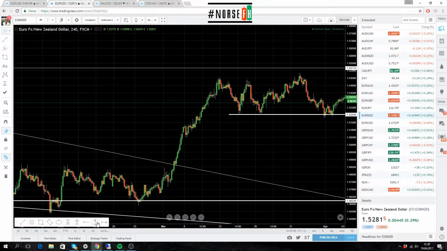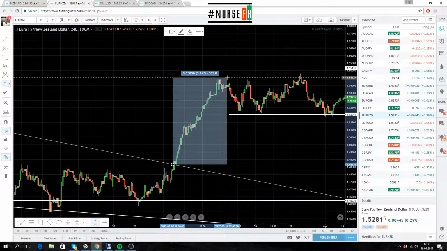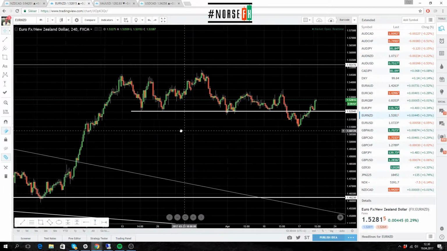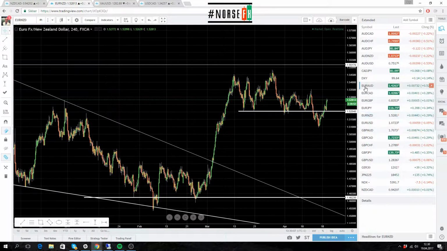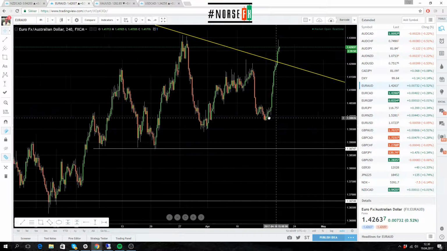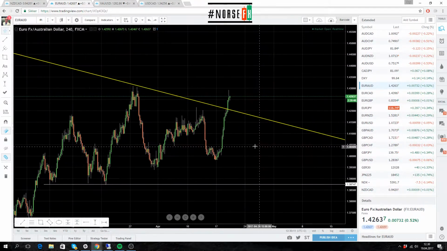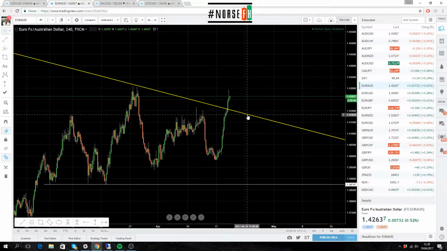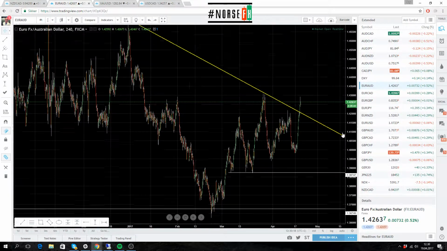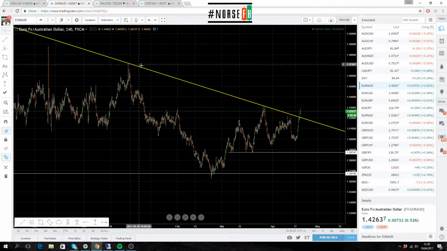So this trade was almost 600 pips. I want the same thing for Euro AUD. So that's my trade plan for this as well. Wait for the retest and then go long, 80 pips of stop, and target the previous high right here.